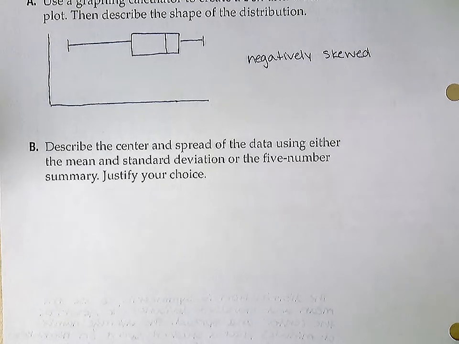It has a wider range than the data to the right. If you remember back to our histograms the past couple days, if it was skewed, you want to use the 5-number summary. If it's symmetric, you use the mean and standard deviation.